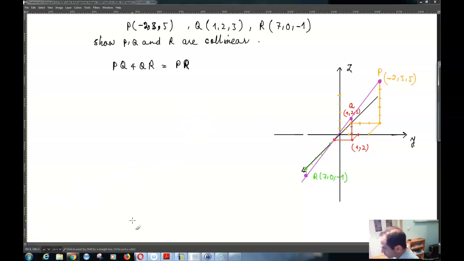Okay, so now to calculate, for example, this distance PQ.